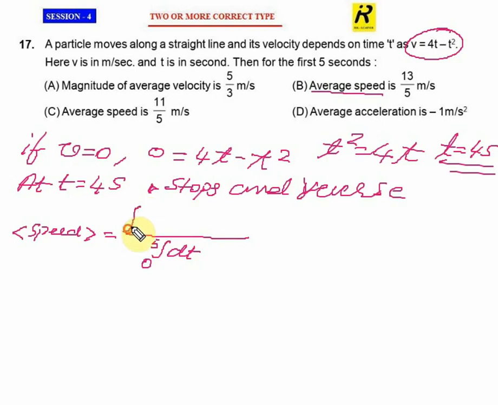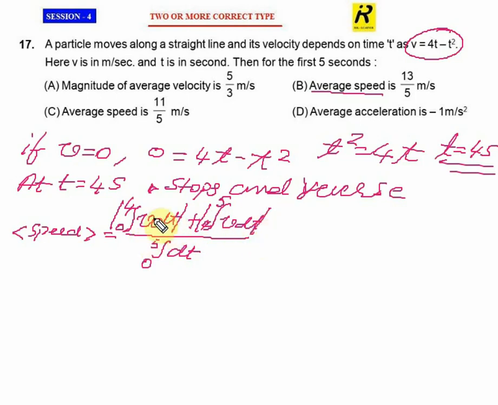One is the integration of v dt from 0 to 4 for forward motion. This should be under modulus, plus one more integral, from 4 to 5 seconds, the reversed motion. There also I have to integrate the function v dt.